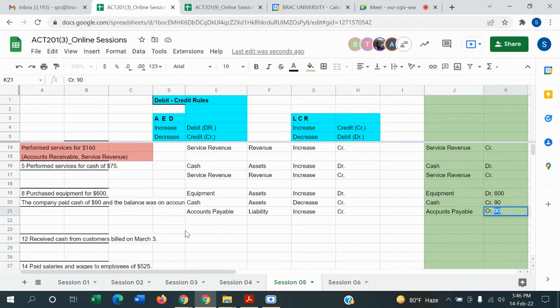No, 500? 510. The remaining amount is still to be paid. Out of 600, you purchased equipment for 600 and paid 90. So the remaining 510 you are going to pay later on. That's why accounts payable is 510. That's how we have to record it.